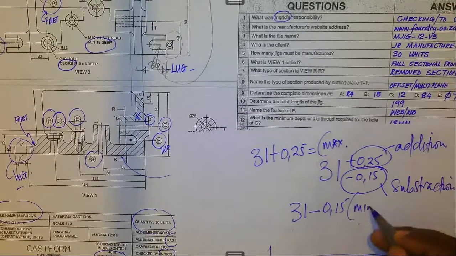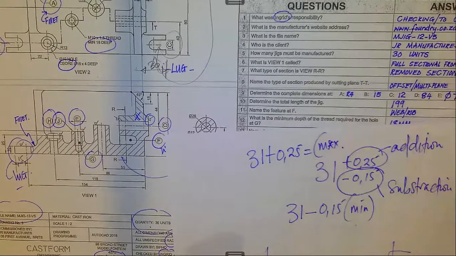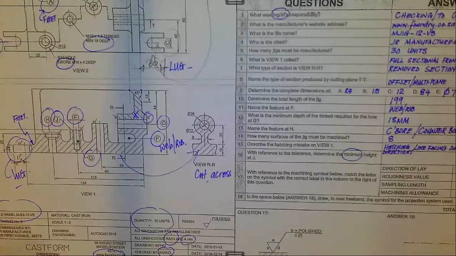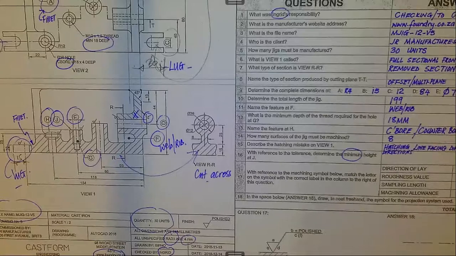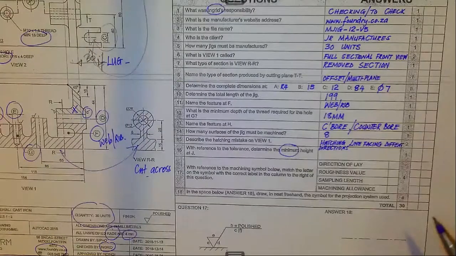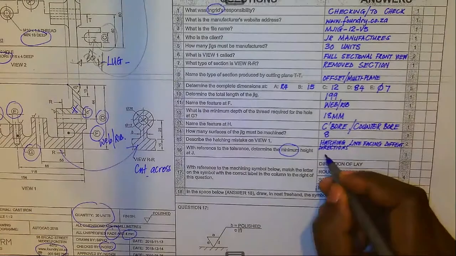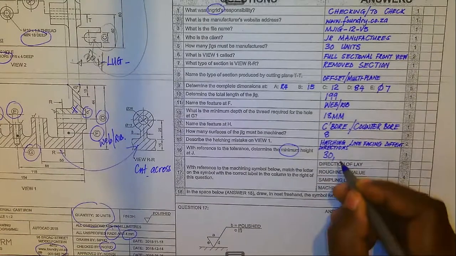Now, if we go to our answer in terms of the mark allocated, it's just 1 mark. But if it is just 1 mark like this, you can simply say 31 minus 0.15 is equal to 30.85. You write it like this, 30.85.